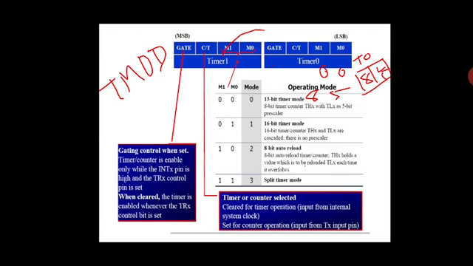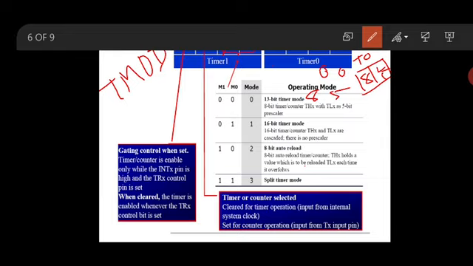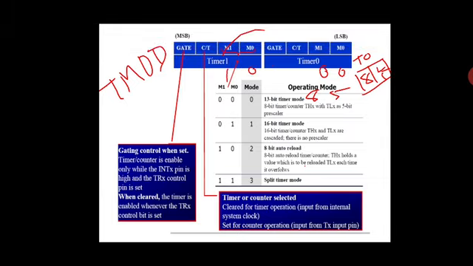Mode 0. Now you can operate independently, no problem. If I say 1 0 1 0, which bits? M1 and M0 of which timer? Timer 1. They are operating in mode 2. Depending on your operation, you set these bits here.